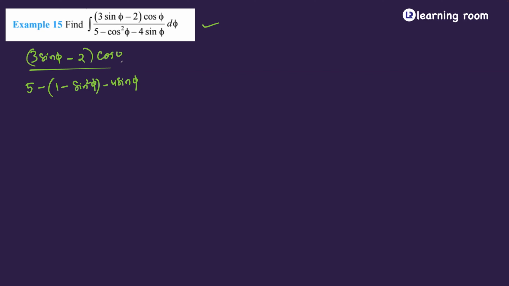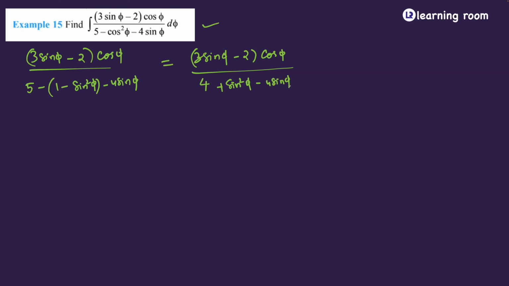So what we can do here is, don't be in a hurry to multiply that cos phi. It is (3 sin phi minus 2) into cos phi, the whole divided by 5 minus 1, which is 4, minus of minus plus sin square phi minus 4 sin phi. Am I right?